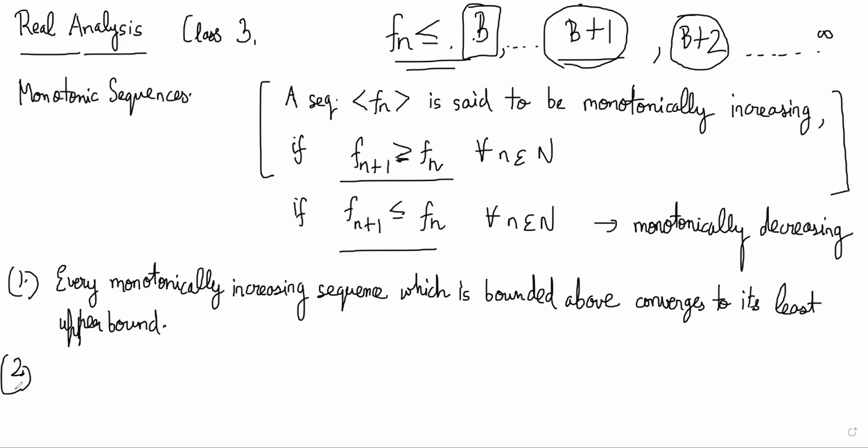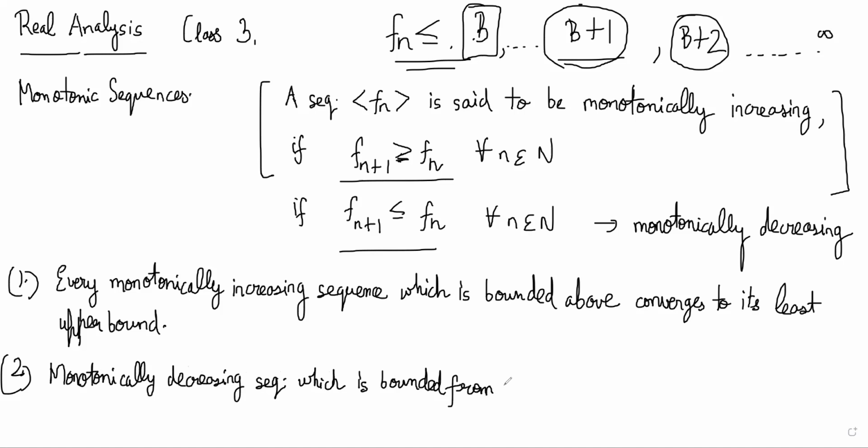Similarly, the other version of this is: if it is a monotonically decreasing sequence which is bounded from below, it will converge to its greatest lower bound.